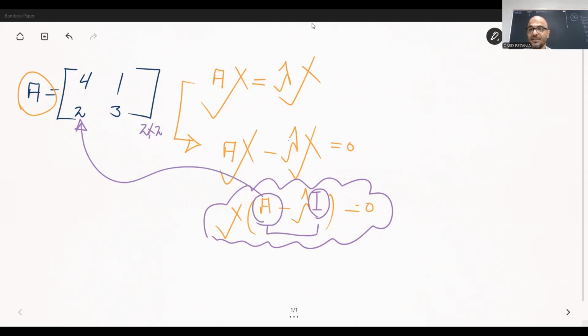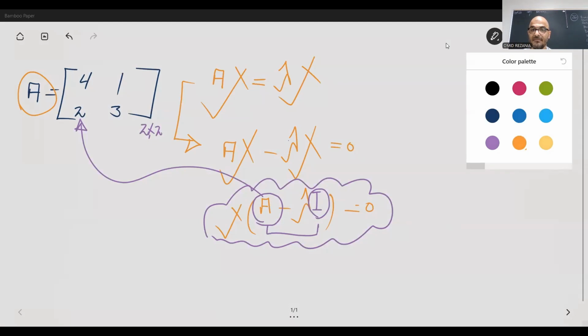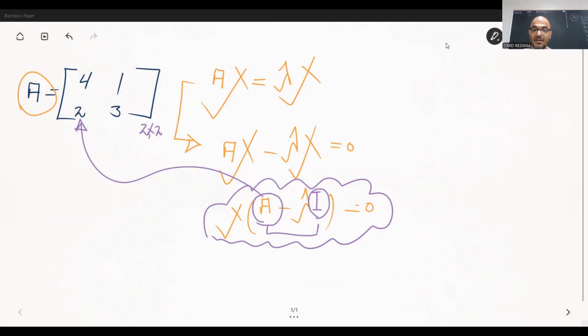Now, the first thing which I have to find is this. I'm going to first find lambda. It is going to be my first thing which I need to find. I find lambda first, then I go to find the eigenvector, which is going to be X. In order to find lambda, we talked about something last week, and you remember it from elementary school.